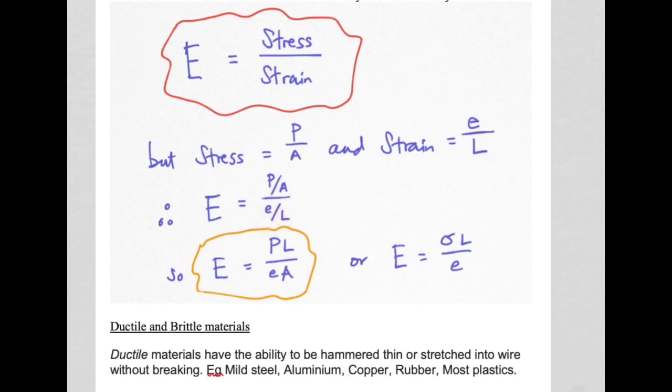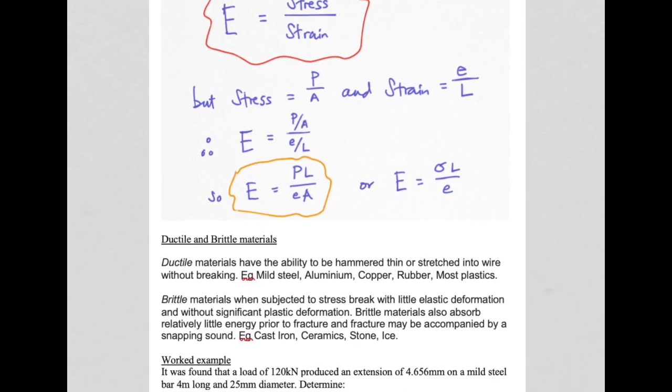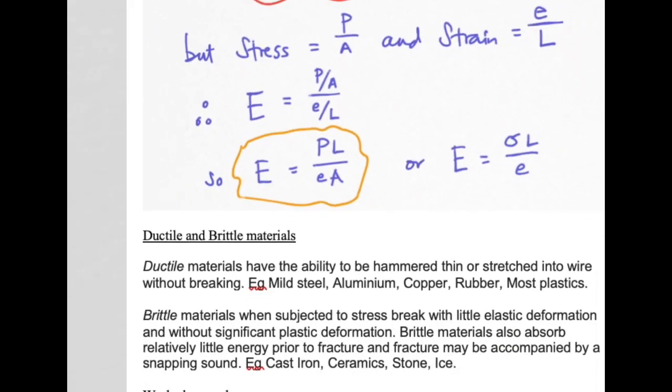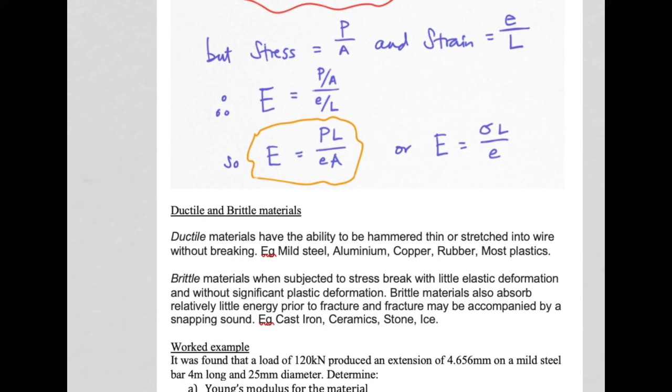And we end up with P over A upon lowercase e over L. And if we rearrange that a little bit, we can then have E equal to PL over eA. And that's a very useful formula, as you'll see in a moment, when we want to work out, for example, a change in length for a given load. And provided we know the E value for that material, and we are in fact working in the elastic range, we can use this formula quickly and easily to find out, for example, how much a component would extend under load.